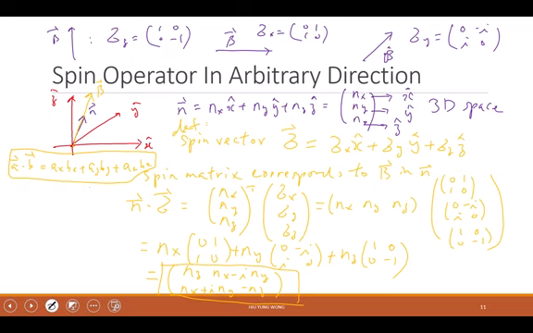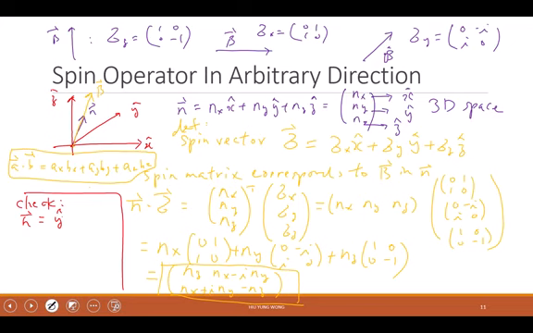Now let's check if we are doing the right thing, okay? Just make an example. For example, what if the n, right? We say the B is pointing in the n direction. What if the n is just equal to y, right? We just point in the y direction. Then what is the matrix?